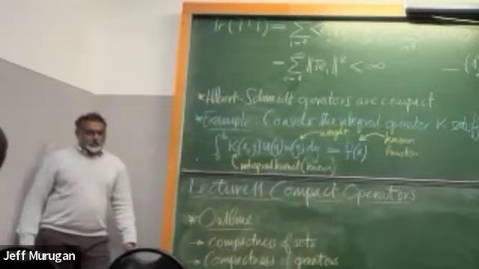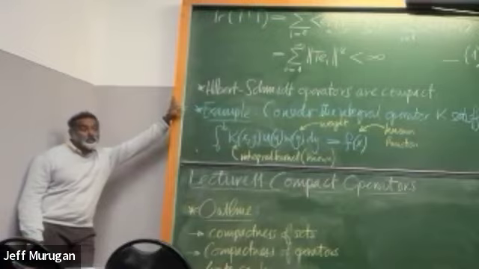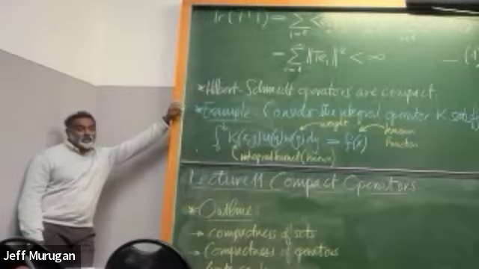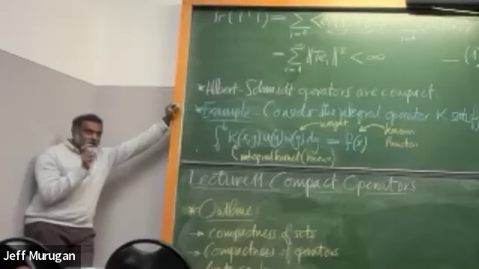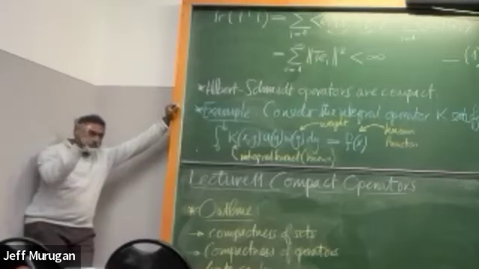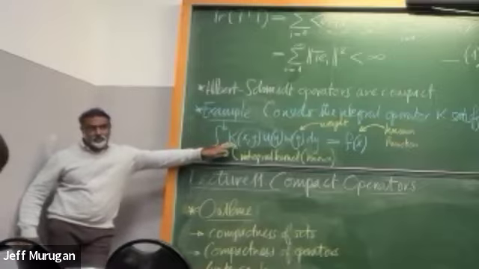Again, you've seen this before, in the context of, for example, Fourier transforms or Laplace transforms. The thing that defines the Fourier transform, e to the i k x dx, that's what this will be.